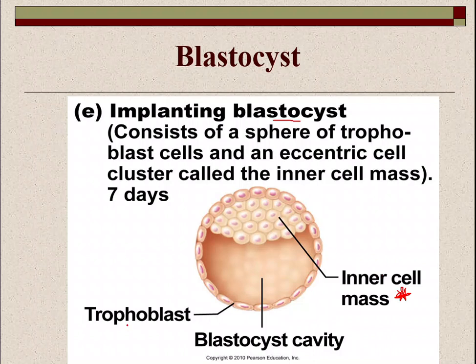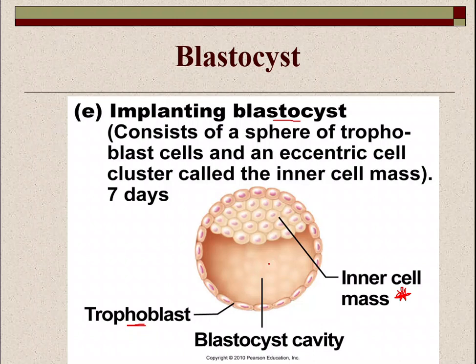Next, we have the trophoblast cells. They are large, flattened cells that form the outer layer of the blastocyst, but they are very, very important. And here's the reason why. They provide nutrients to the developing embryo. They will form the future chorionic sac and make up the fetal part of the placenta.